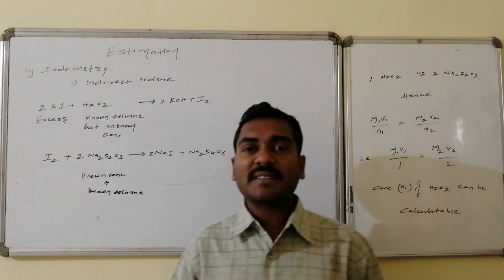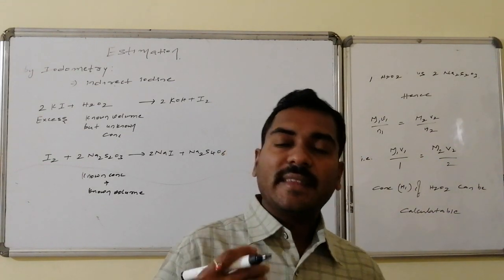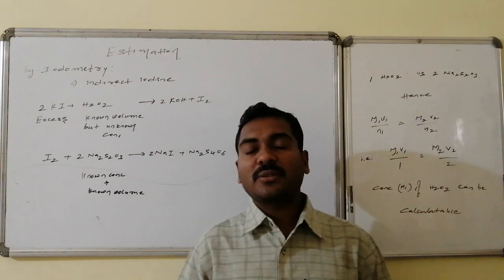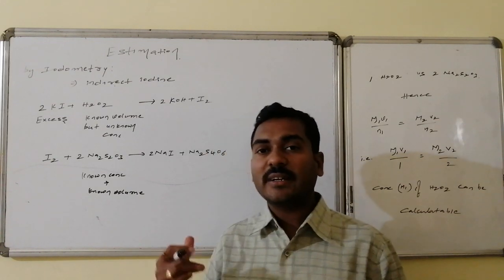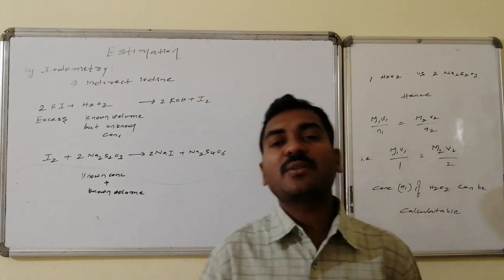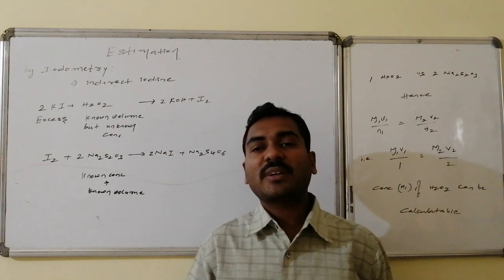Whereas iodimetric stands for using a known concentration of iodine, and that method of estimating certain things with respect to known amounts of iodine is said to be iodimetric. But this is iodometric. On reaction with potassium iodide, hydrogen peroxide, which is an oxidizing agent, oxidizes the potassium iodide to iodine.